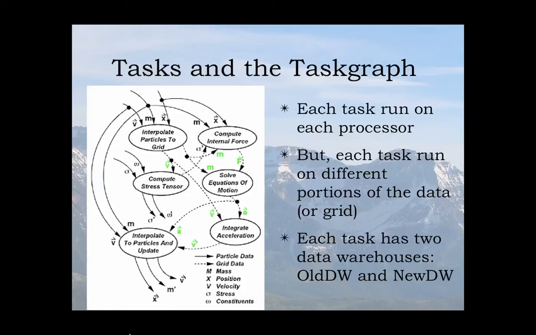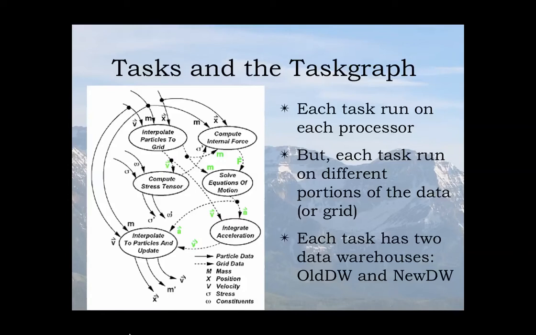So each of these tasks is running on a separate processor, and each of those processors owns a certain portion of the grid, and that's their patch. Each task has two data warehouses: an old data warehouse for the previous time step, and a new data warehouse for the current time step.